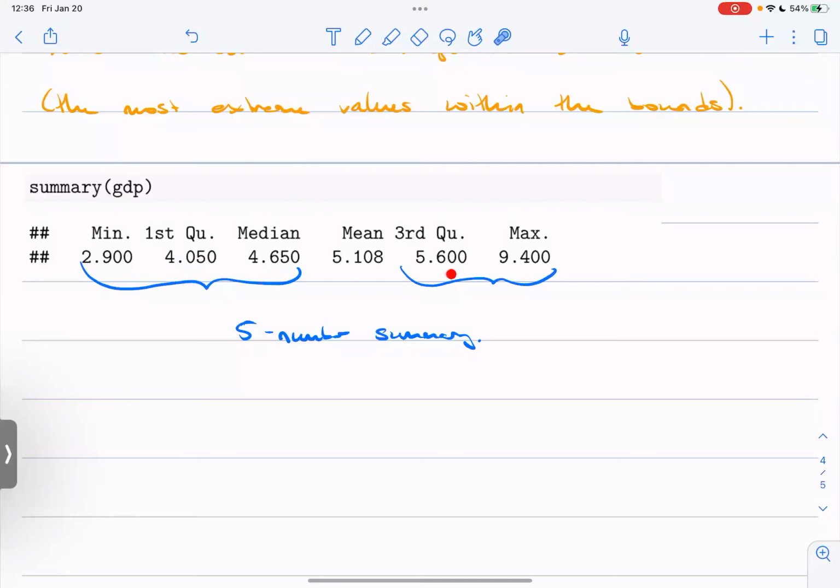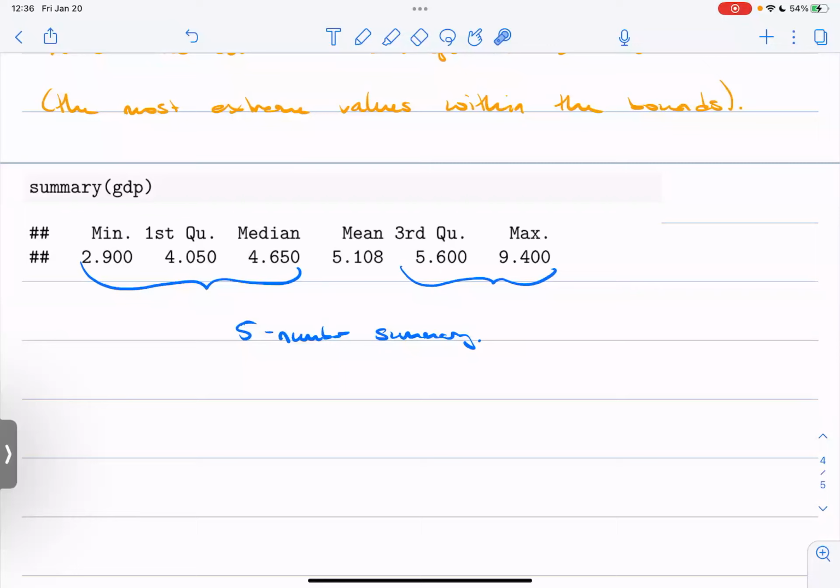I think we had 5.8 here. And so these are slightly different from what we found by hand. That's because it uses fancy weighting that we don't. So if you're checking your work, don't freak out if it gives you slightly different numbers. Minimum and maximum should be the same.